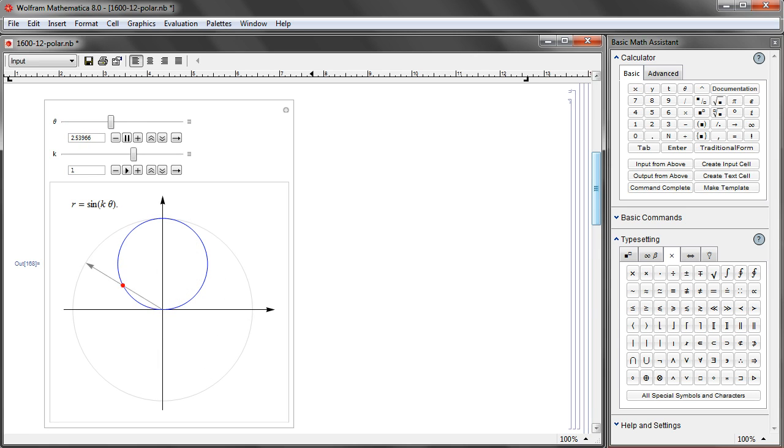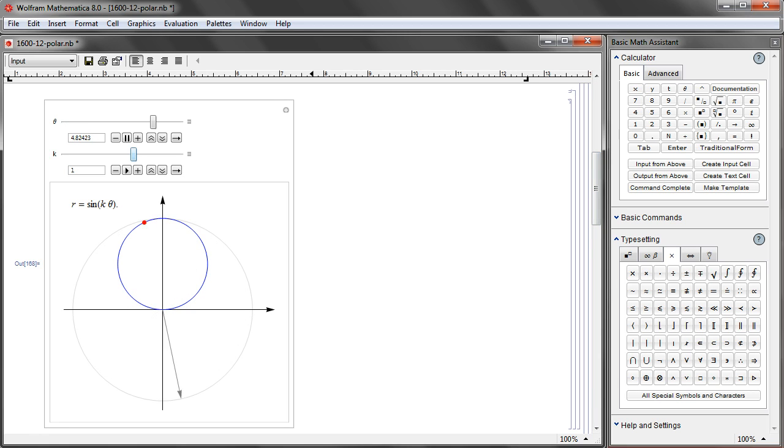The red point is pointing toward the gray arrow. However, when theta is between pi and 2 pi, in other words, the gray arrow is pointing toward the third or fourth quadrant, lower half plane, the red point is pointing the other direction because sine is negative there, r is negative. Consequently, we have this kind of behavior.